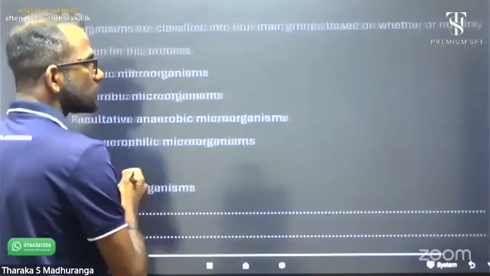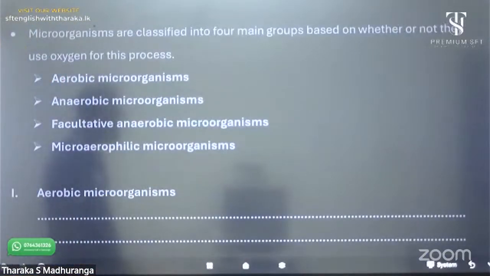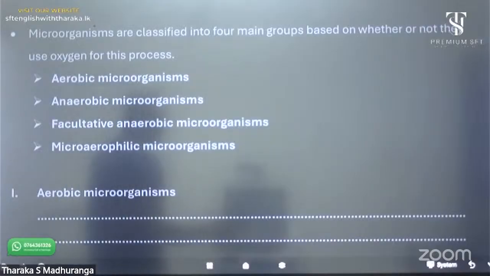The fourth one, microaerophilic microorganisms. Okay, again read these names. Don't keep anything after class. Okay, read again.